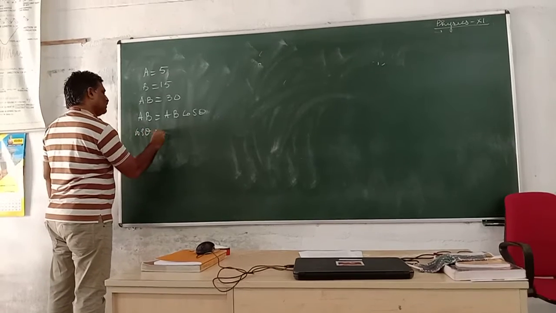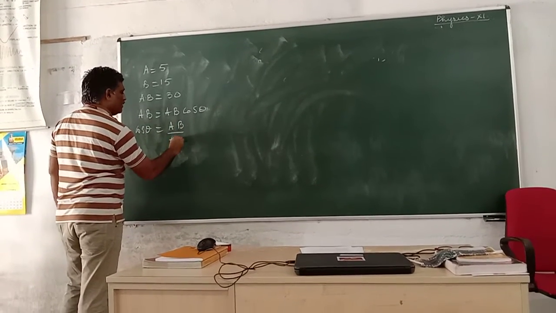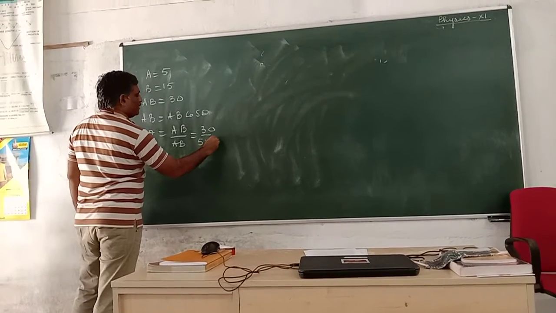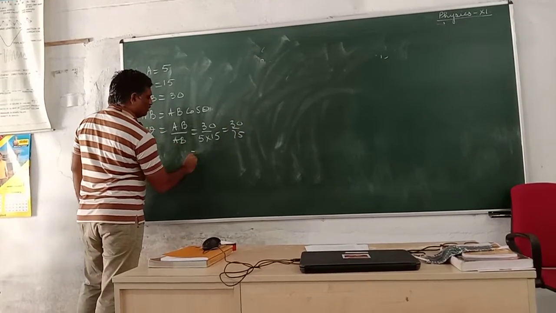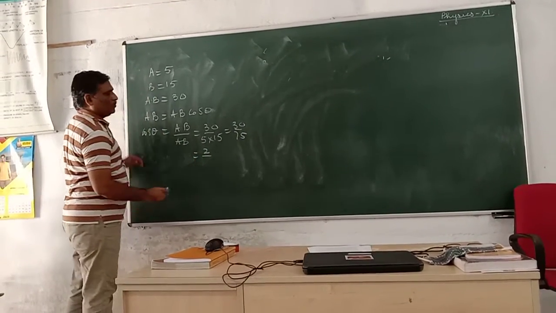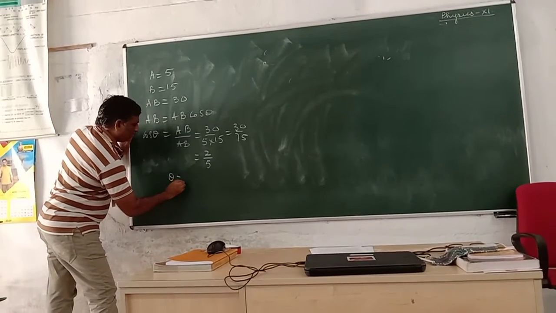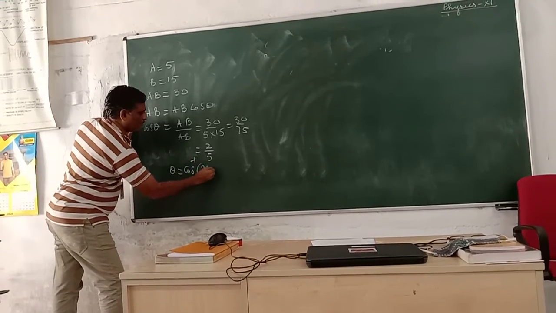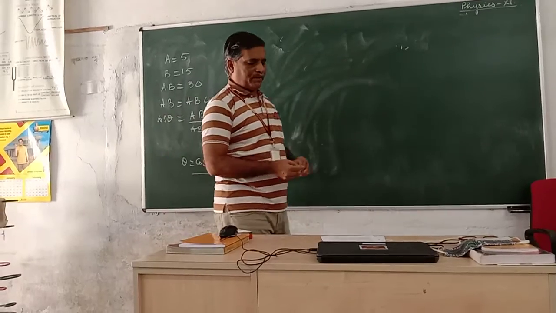Therefore, cos theta is equal to A dot B divided by AB, which is 30 divided by 5 into 15, which becomes 30 by 75, which is equal to 2 by 5. Therefore, theta is equal to cos inverse 2 by 5. The angle between them is cos inverse 2 by 5.